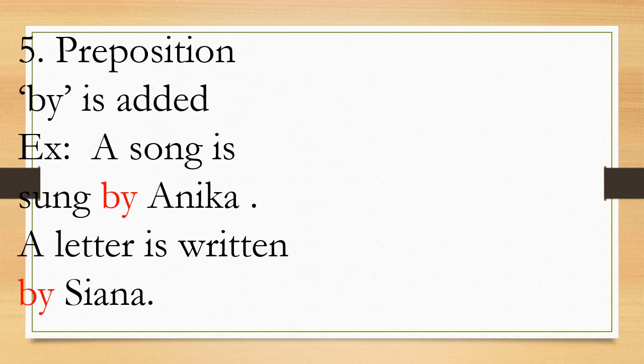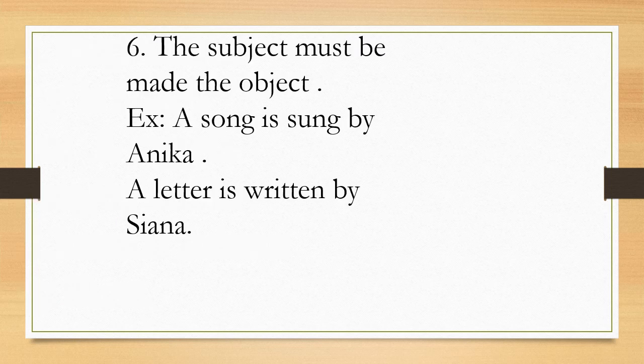Now the next is the preposition. Preposition by is added. For example, a song is sung by Annika. A letter is written by Sienna. So the fifth rule is, what do we have to add to the passive voice? Preposition by. Sixth rule is the subject must be made the object.